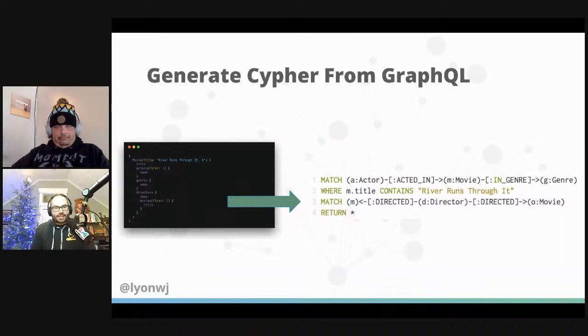So what about the data fetching layer? This, we wanted to solve as well. We didn't want developers to write a lot of data fetching code in resolvers. So our GraphQL integration is able to take an arbitrary GraphQL request and translate that into Cypher, so that query language we were looking at earlier with Neo4j browser. So then this means your resolvers are auto-generated and can take care of generating a single query to send to the database.